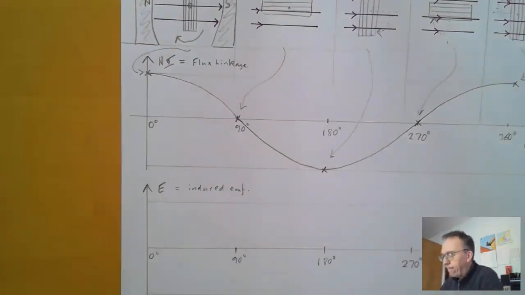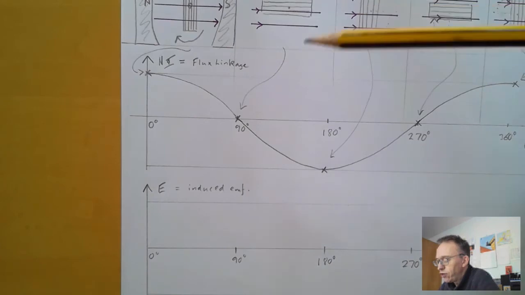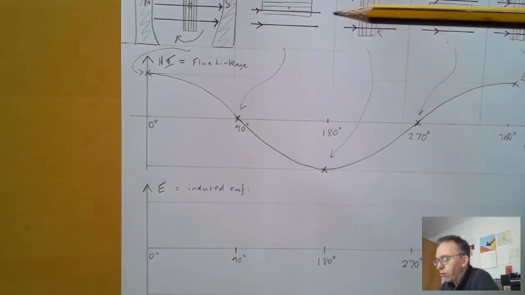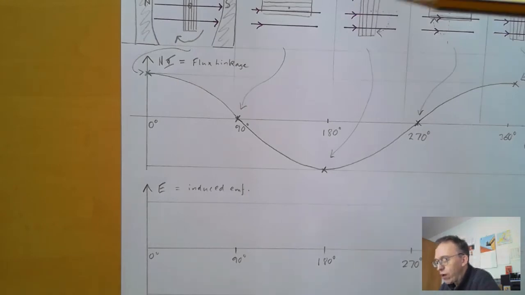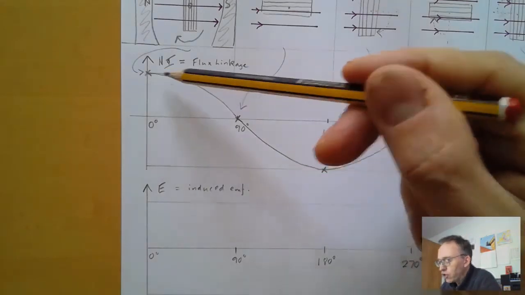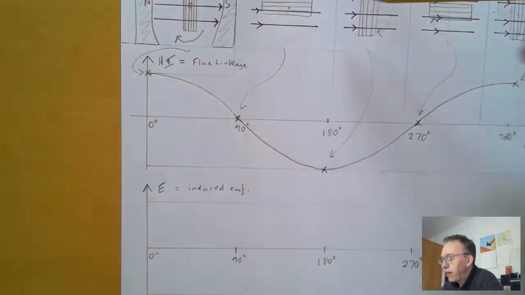Now, if you remember, Faraday's law says that the magnitude of the induced EMF is equal to the rate of change of flux linkage. This is showing flux linkage, and flux linkage is changing with angular position. But the angular position changes with time.